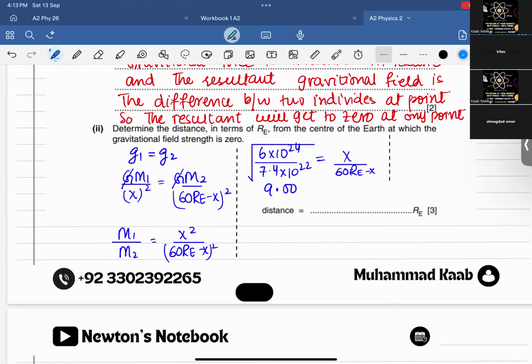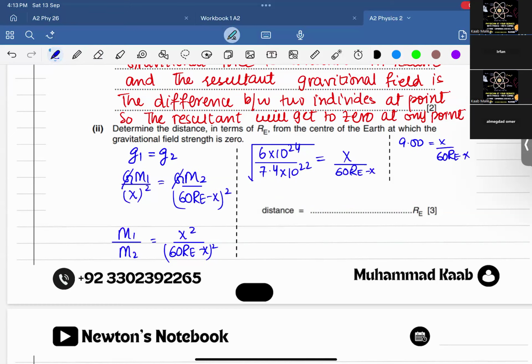So we are getting 9.0, which is equal to x over 60 RE minus x.